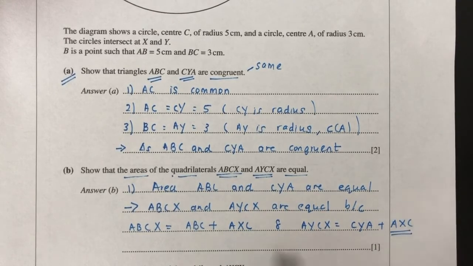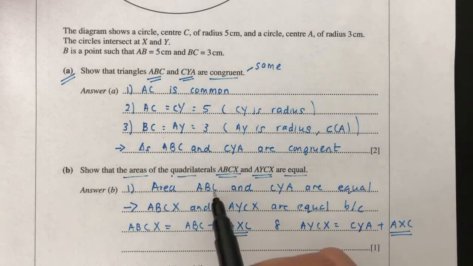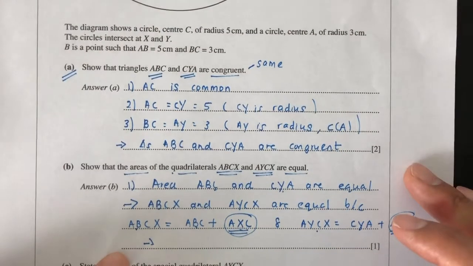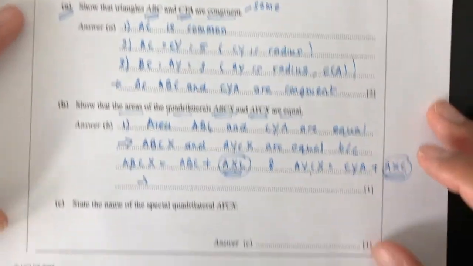So we are adding the same area to both equal. These 2 are already equal, as you can see here, and to obtain this shape we're adding equal areas. This is why we have these areas equal. That is for 1 mark, but that is good enough for the explanation.